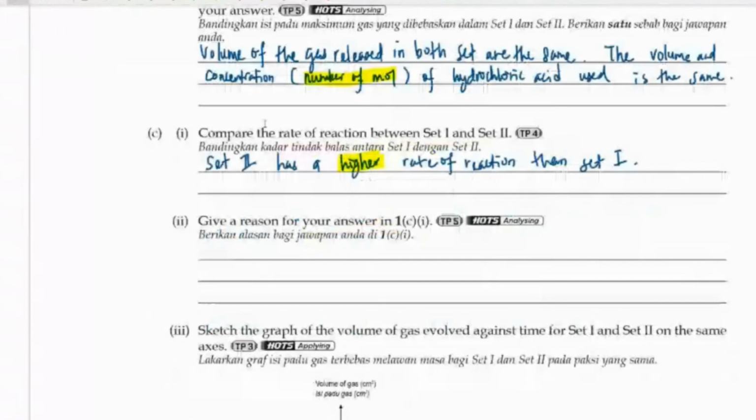Set 2 has a smaller size of granules, so it has a larger or bigger total surface area exposed to collisions.